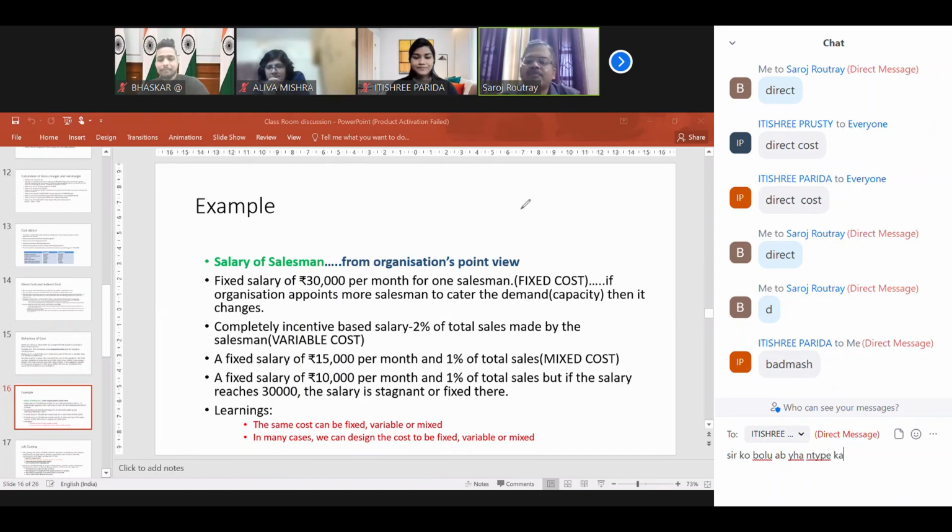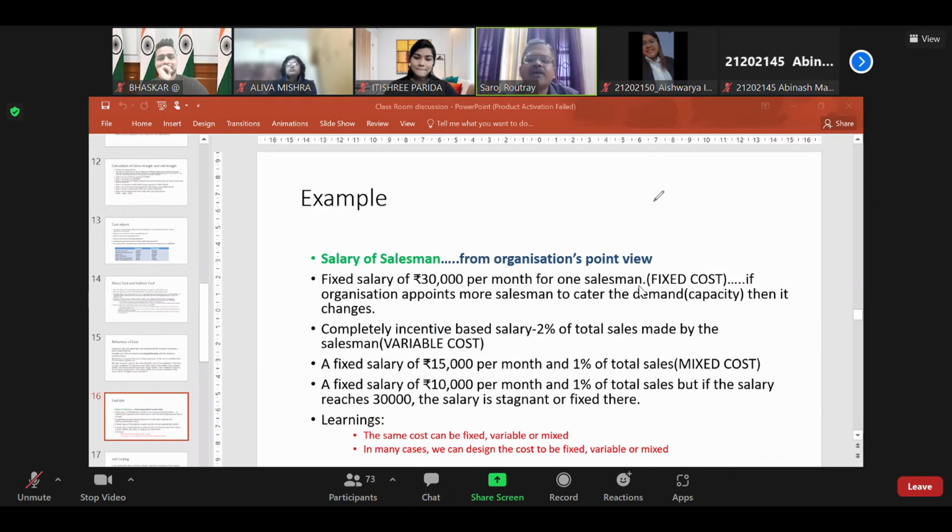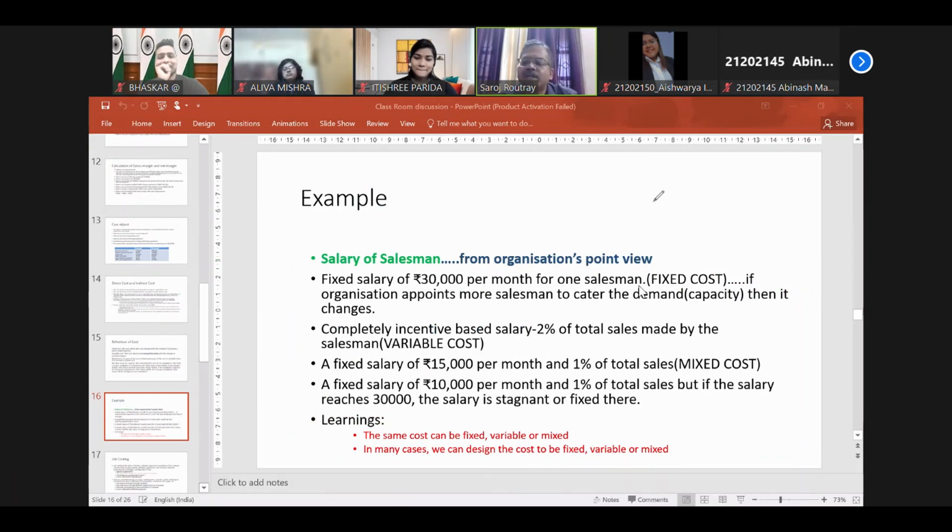If I give them 2% commission, in which condition will I give them 2% commission? Why will I design it like this? And if I give them 10,000 salary and 1% commission, why would I like to restrict it at some level, 30,000, 50,000? There is a logic behind it, so you have to identify that logic.